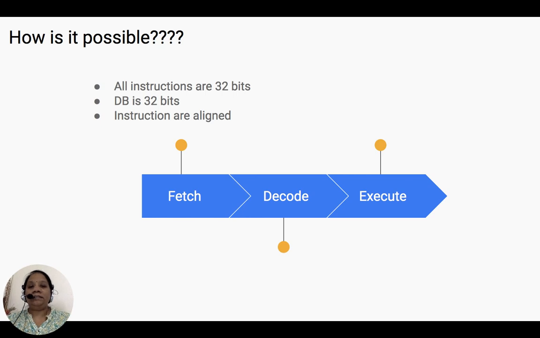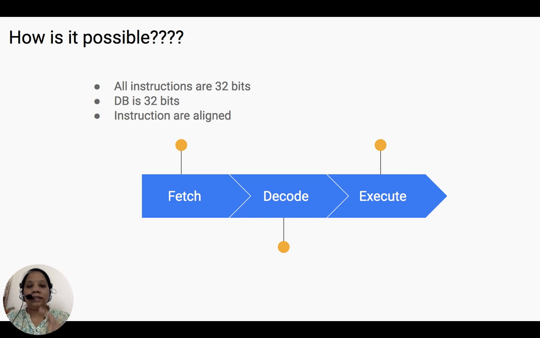When they are saved in the memory, they are not just saved like that, they are aligned and saved. I hope you understand what aligned means. One instruction is 32 bits, and 32 bits will take 4 bytes. These 4 bytes are saved in 4 locations: location 0, location 1, location 2, and location 3.